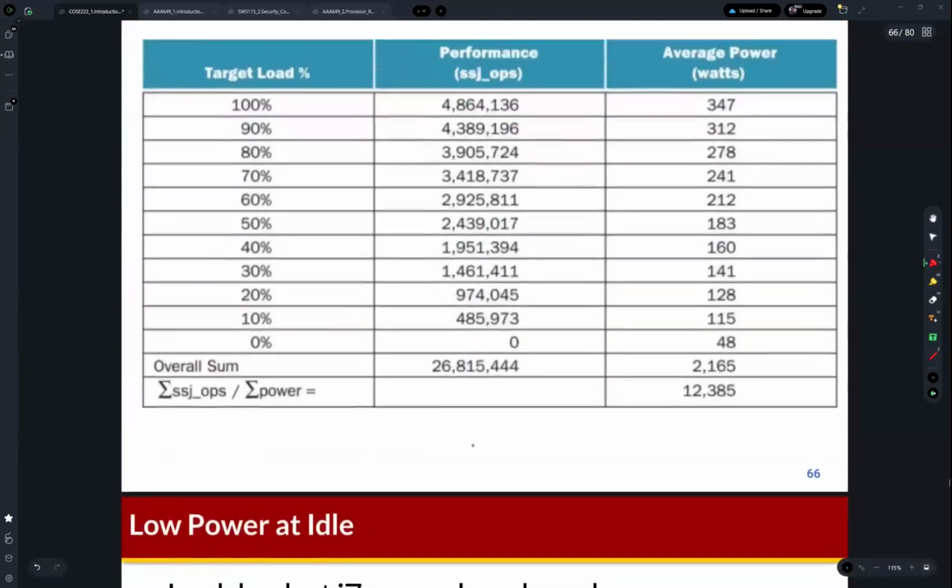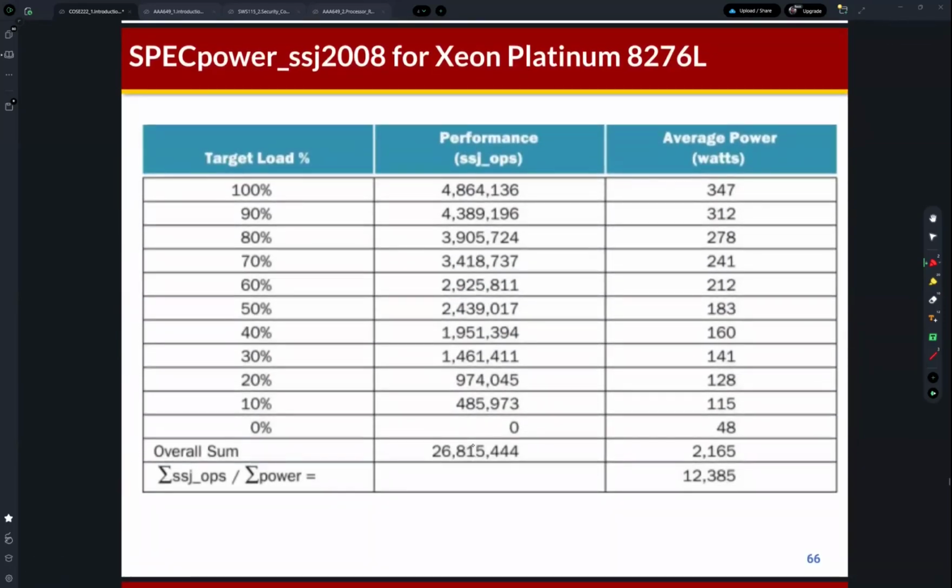But when you apply the SPEC Power benchmark, we can observe some interesting aspects. This is the target load, this is the performance, and this is the average power. The SPEC Power benchmark is used for measuring the power consumption of server computer systems.